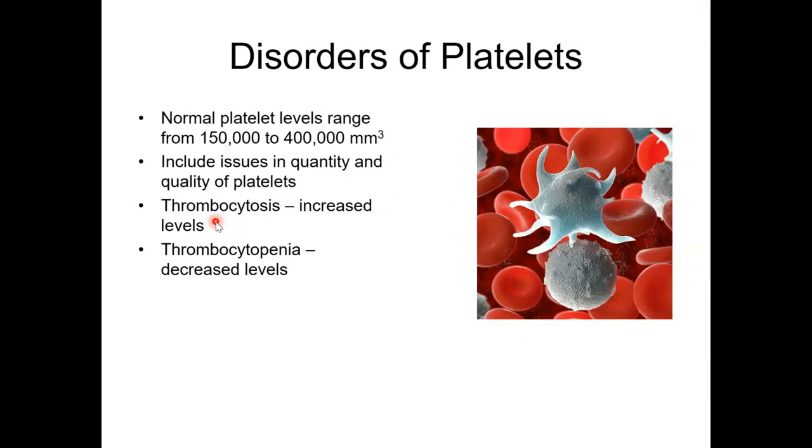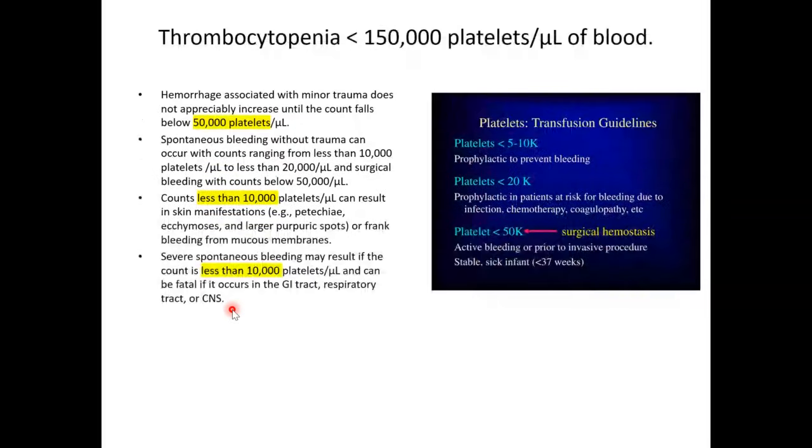And remember, thrombocytosis, increased cells, is an increased level of platelets, and thrombocytopenia, penia being small, is a small amount of platelets or decreased levels. So thrombocytopenia is less than 150,000 platelets. Whatever your bottom number for your lab is what you would use. So anything less than the normal value.